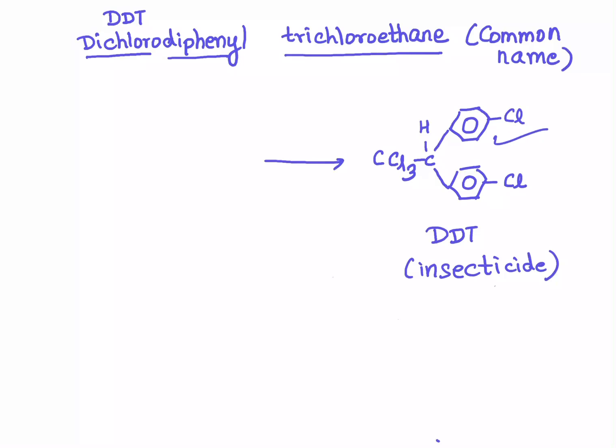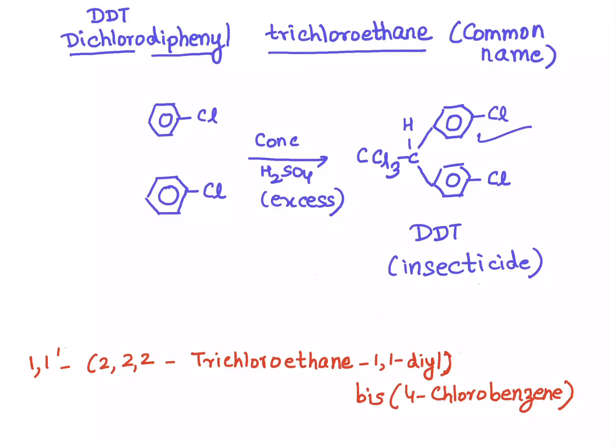Now, because we know that we need the chlorobenzenes over here, so definitely, let's put the chlorobenzenes here. Because we are using concentrated H2SO4, it means there is some removal of water happening, right? So probably a hydrogen from here, which is in the benzene ring, that means there should be an oxygen. But we are talking about ethane, right?